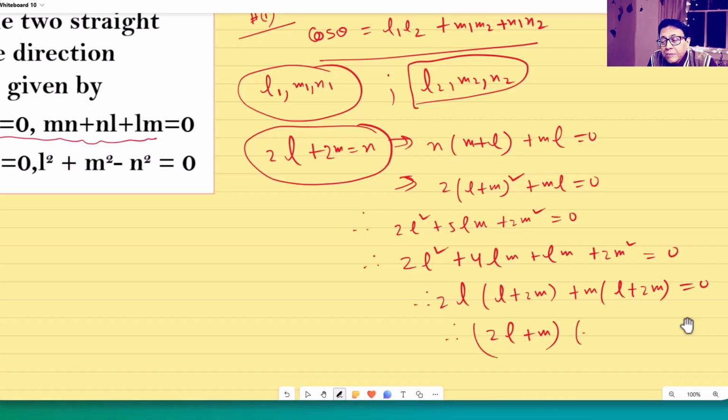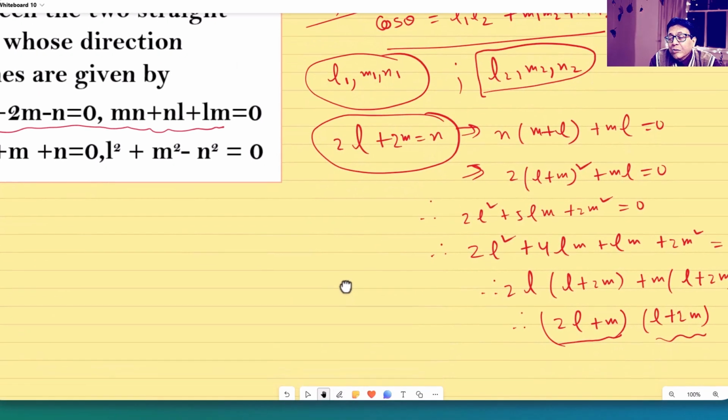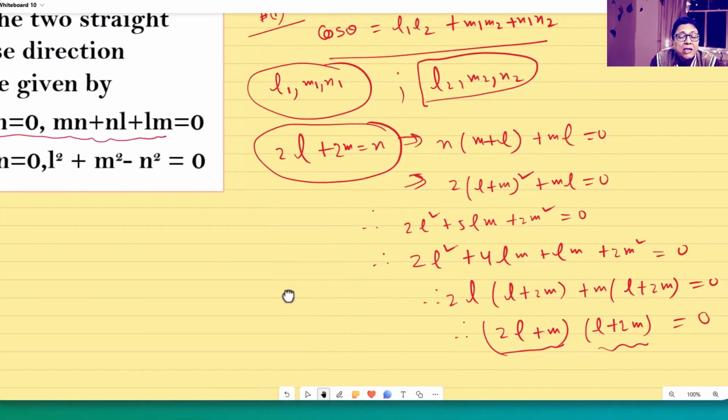The conditions 2L plus M equal to 0 and L plus 2M equal to 0 are not for the same line. Obviously, two lines are going to be involved here. How? If 2L plus M equals 0, then L equals minus M by 2.